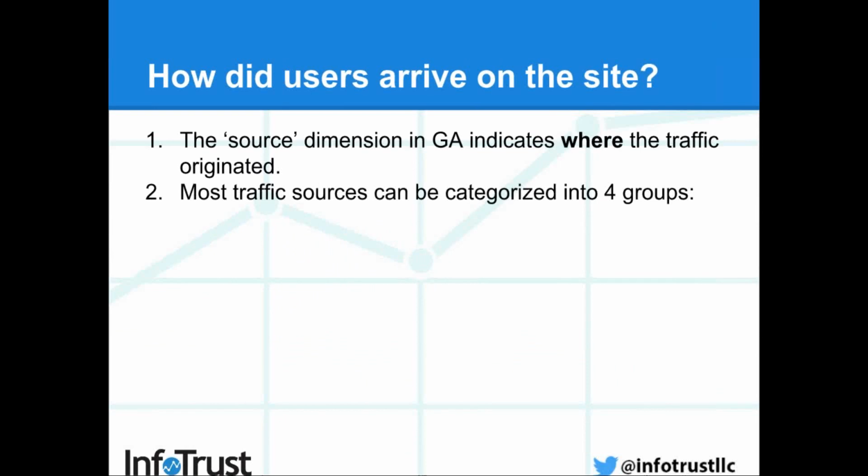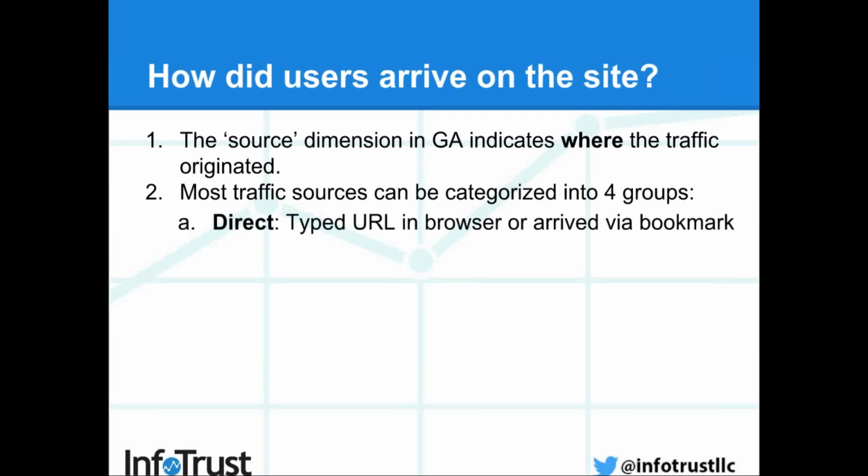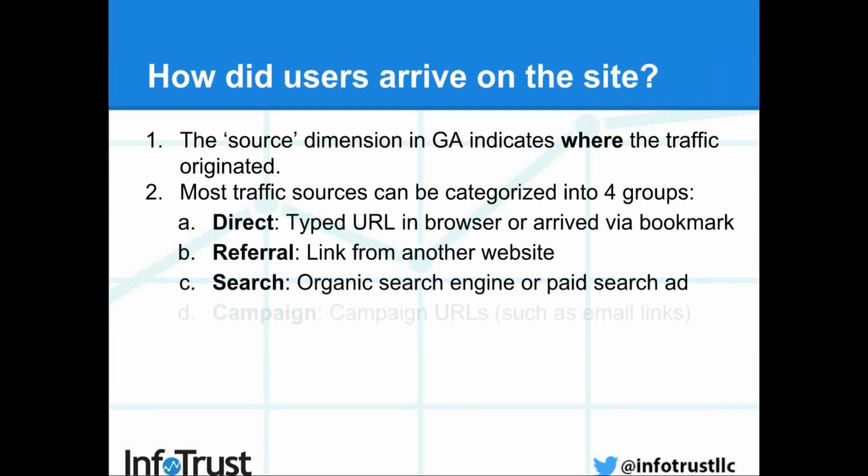Okay, so first we're going to do a breakdown of how the traffic data is presented in Google Analytics. There are 5 dimensions in total that are going to be able to identify your traffic. The first one is traffic source. Source basically indicates where the traffic is coming from.